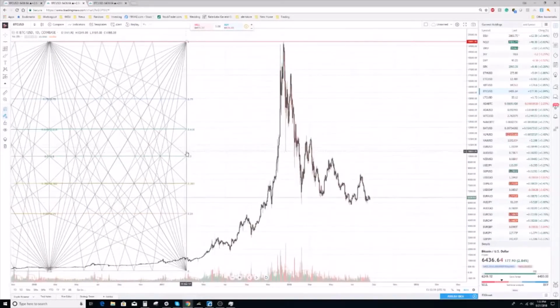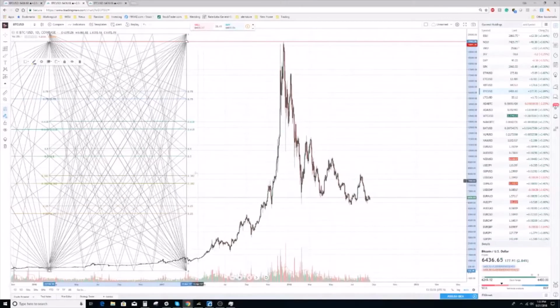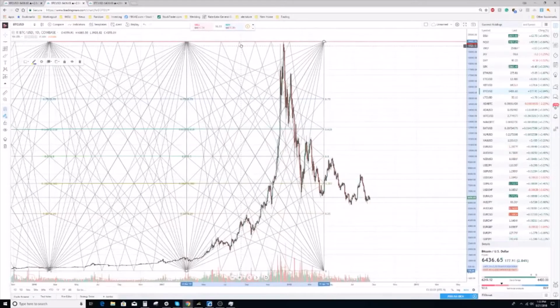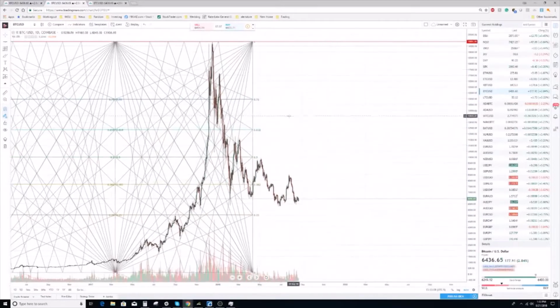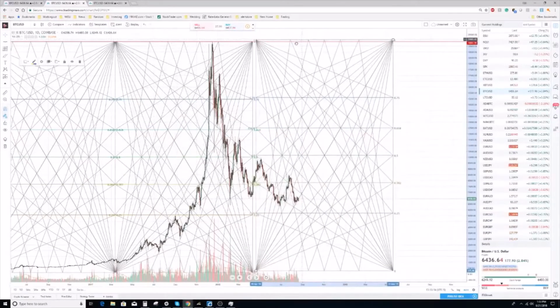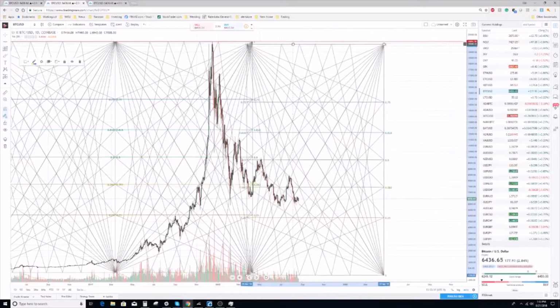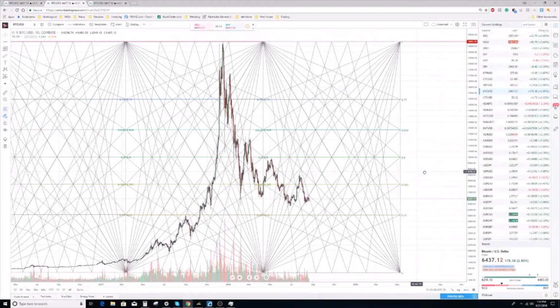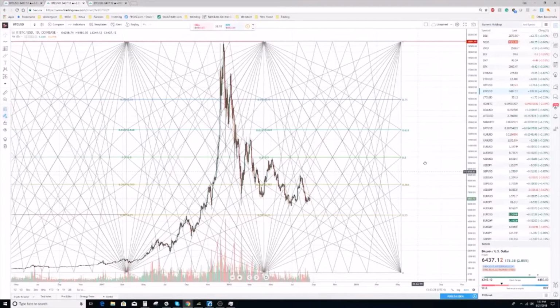All right. So I'm going to keep doing that. Clone. All right, and I'm going to clone it again. And there's the square on the chart.